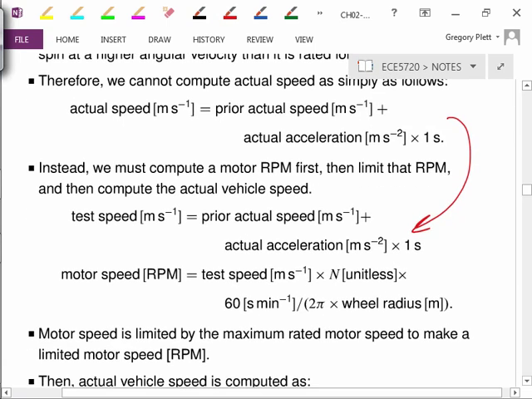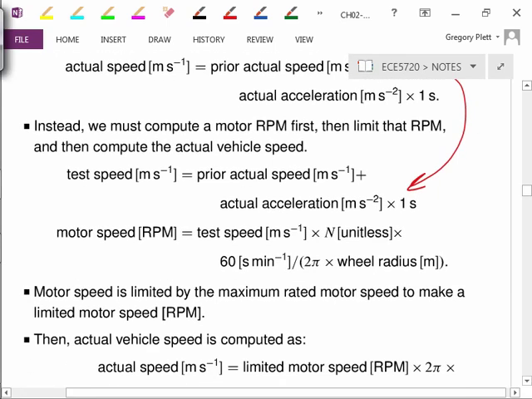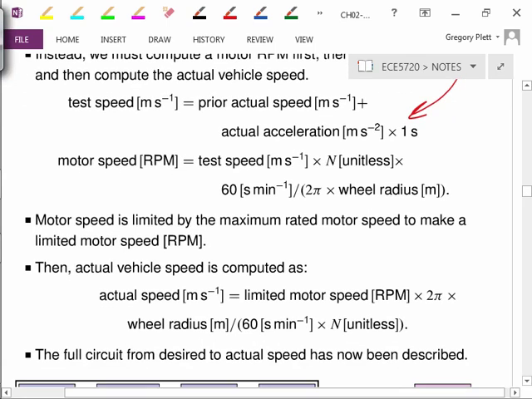And then we're making the test motor speed, and that gives us the test speed times the gearbox ratio, and then a conversion factor to turn that from radians per second into RPM. And the motor speed is limited by the maximum rated motor speed, and that gives us then the actual vehicle speed, which is the limited motor speed, again converted from RPM to radians per second, and divided by the gearbox ratio.